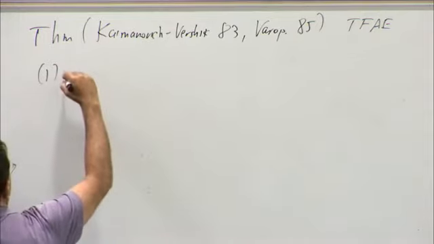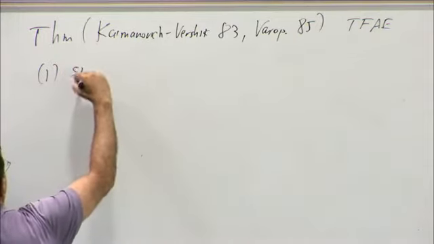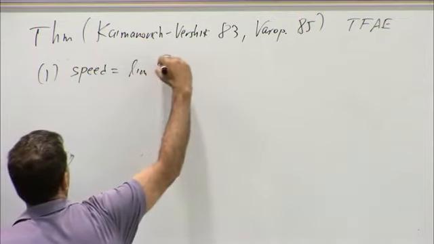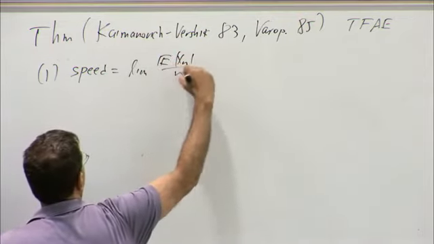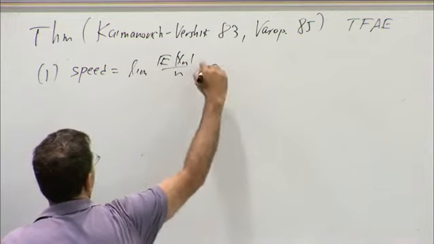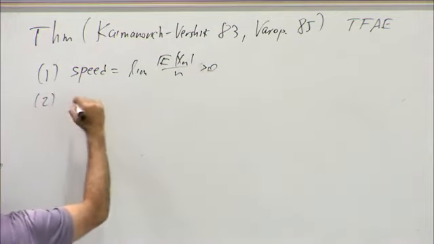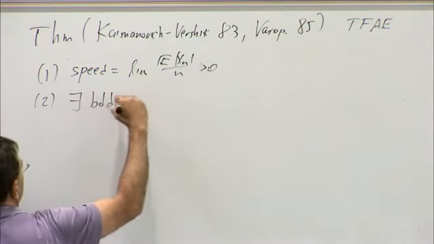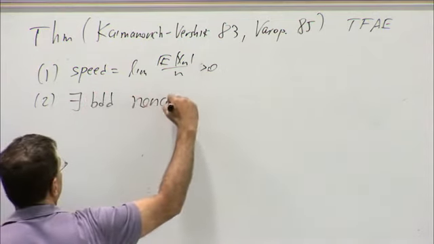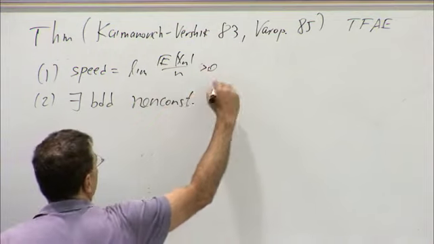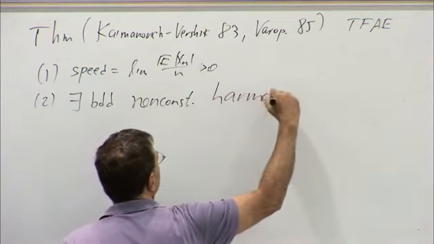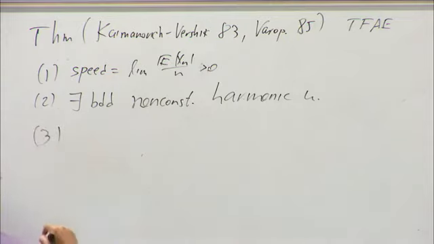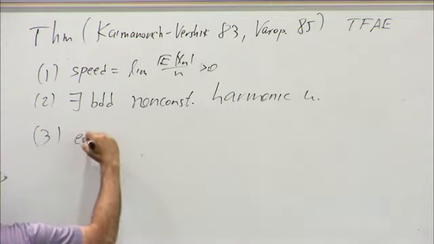One is that the speed of the walk is positive. Two is that there are bounded, non-constant harmonic functions. And three is that the entropy of the walk is positive. So I'll say what that is.